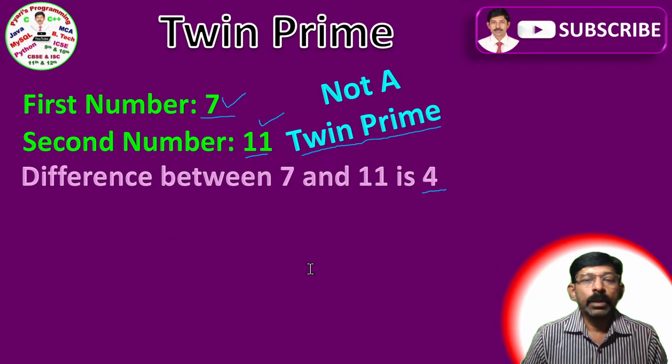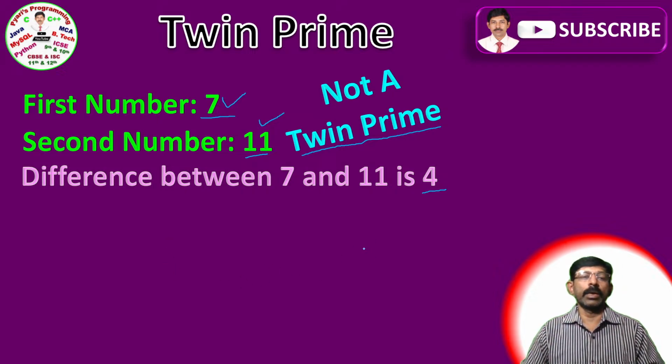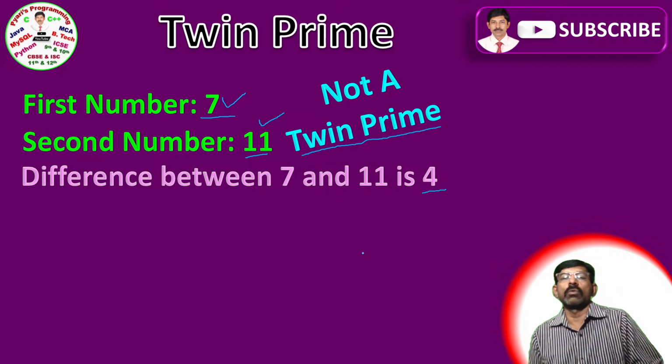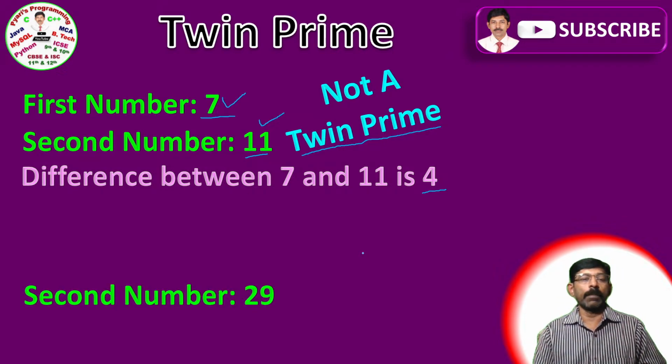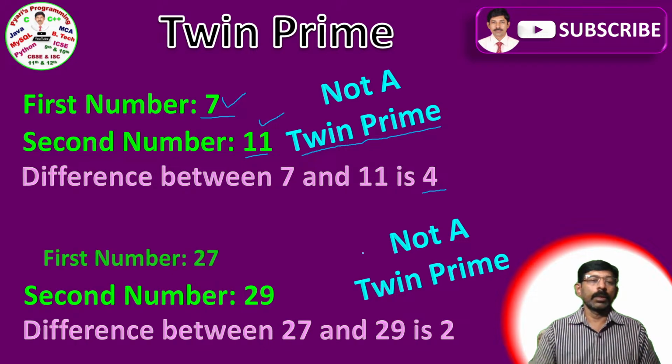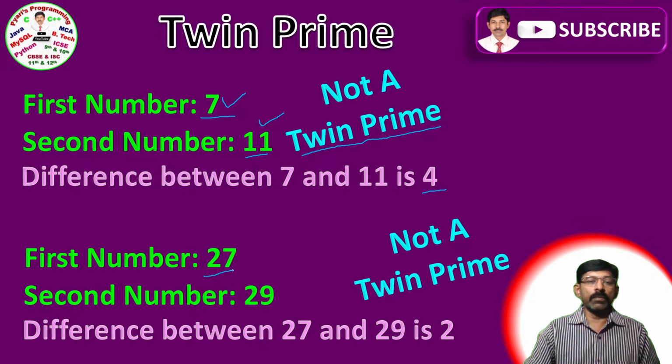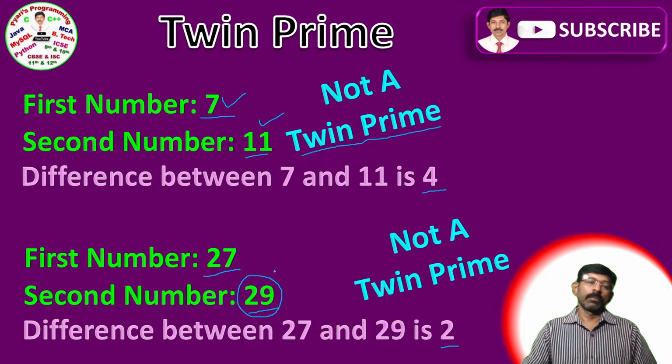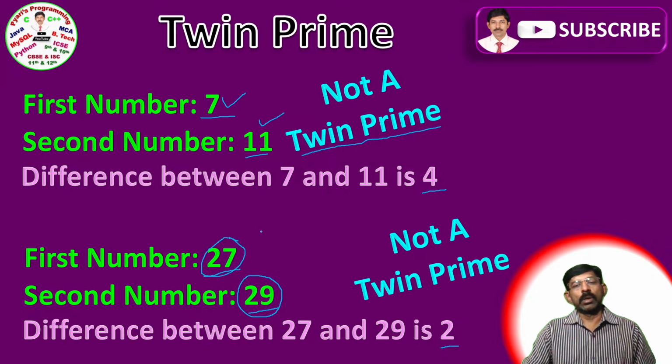There I will tell you the order and the mechanism where we can reduce the code using methods. Here look at it. First number is 27, second number is 29. Difference is 2, but 27 is not a prime number. 9 into 3.